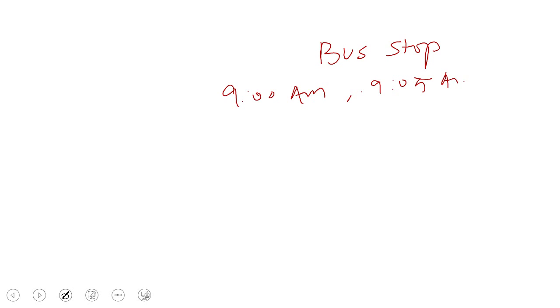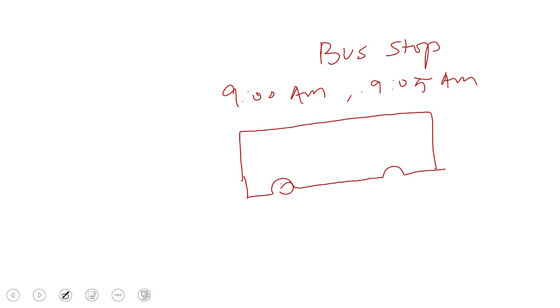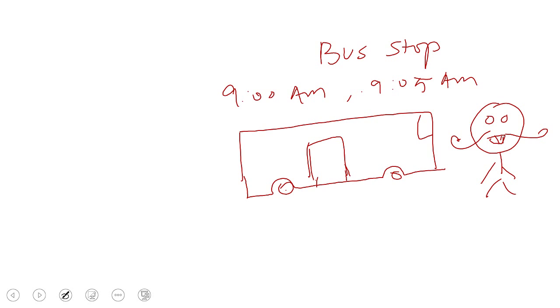In the lecture I described an analogy where there is a bus stop, and a bus always comes at 9 a.m. and leaves by 9:05 a.m. There is only one door to enter this bus, and the bus driver is a very strict guy.